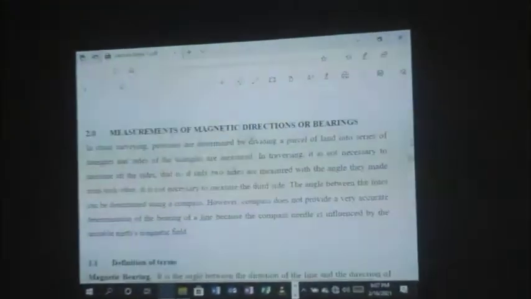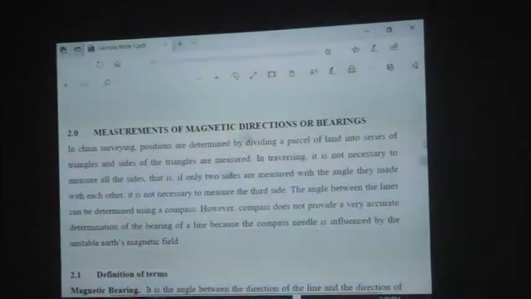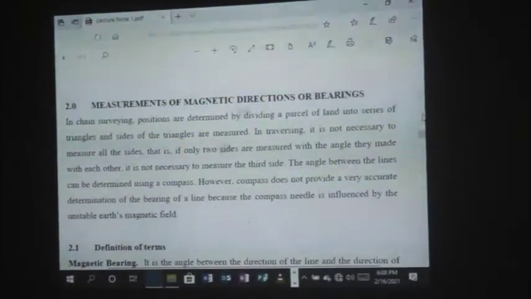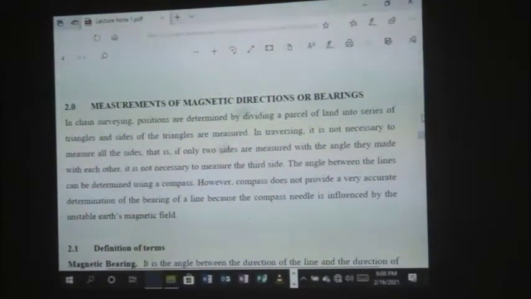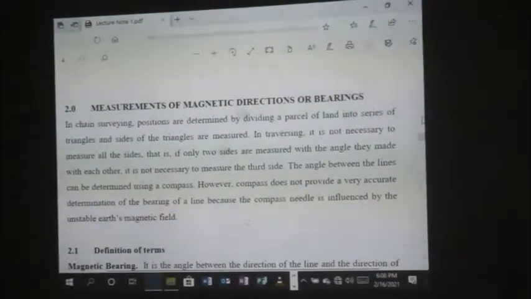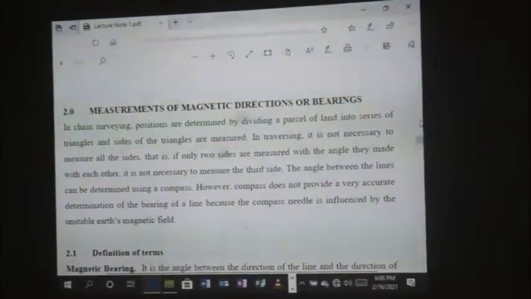Now, today we are looking at measurements of magnetic directions or bearings. In surveying, there are various means by which you can determine your position.